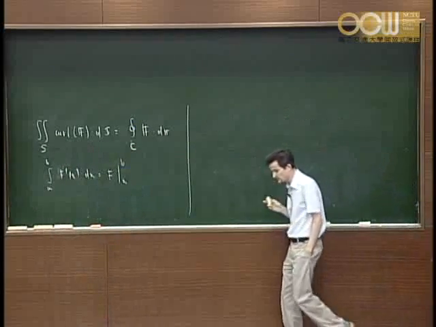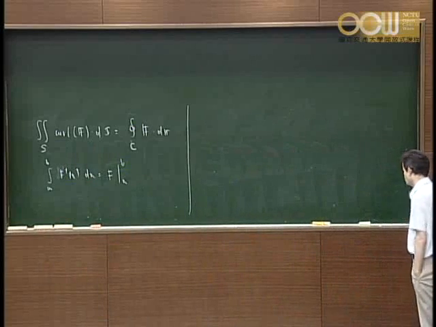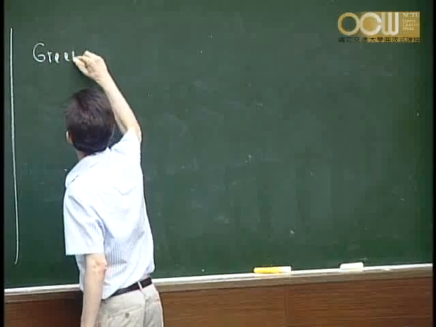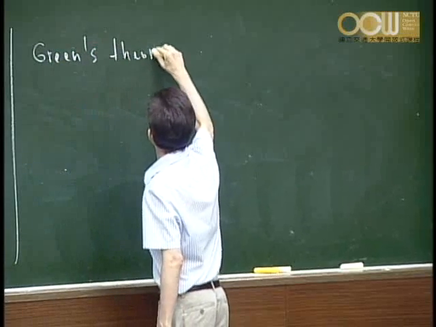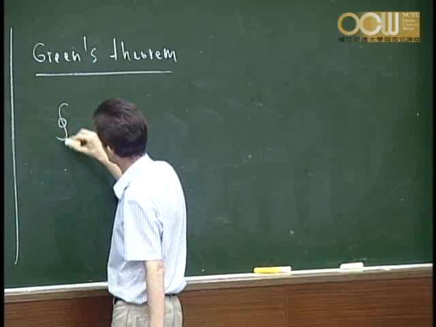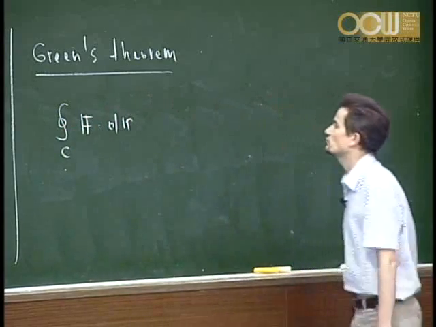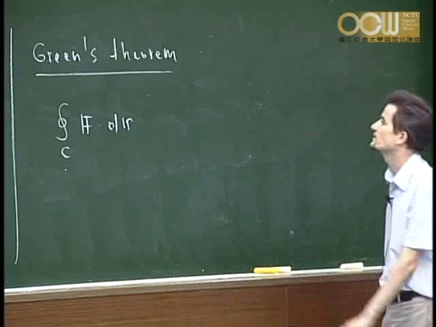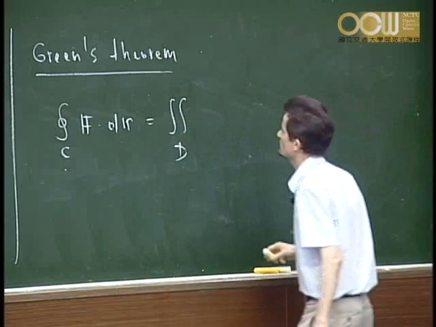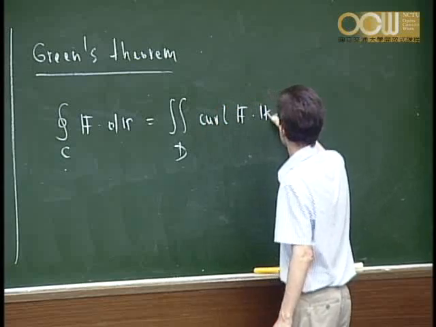Namely, actually, of Green's theorem in vector notation, we had two different versions. First one, so this is once more Green's theorem. One version was that the line integral over C of F, where F is always a two-dimensional vector field, is equal to the double integral over D of the curl of F times k dA.